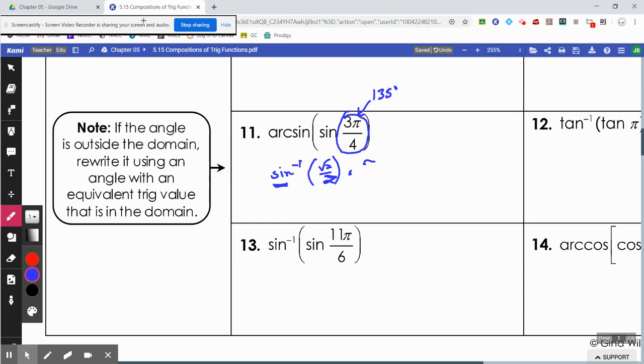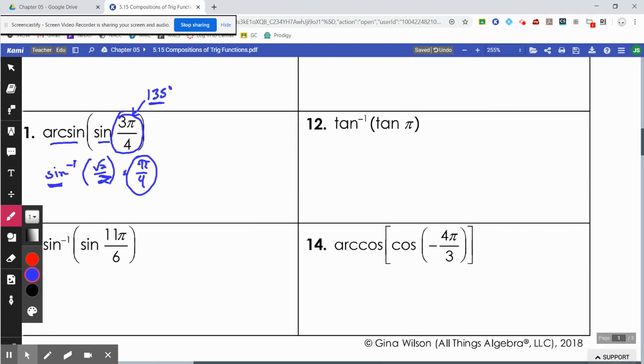That's going to return a value of pi over 4, which is between -90 and +90. That's 45 degrees. So therefore, these two functions didn't just cross each other out. It returned a value that had the same reference angle that was between -90 and +90, which is where arc sine is defined.